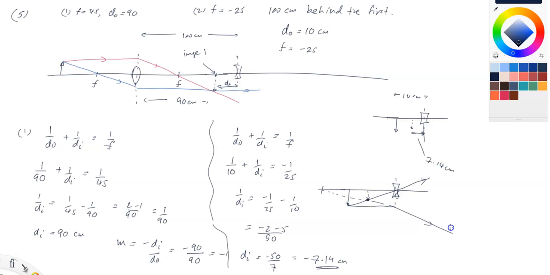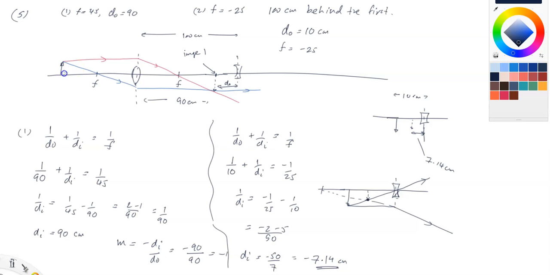So this is how we work on multiple lens problems. We find the image due to the first one, and that first image becomes the object for the second one, and we look at the separation between the two lenses. Based on that you can figure out the object distance for the second one.